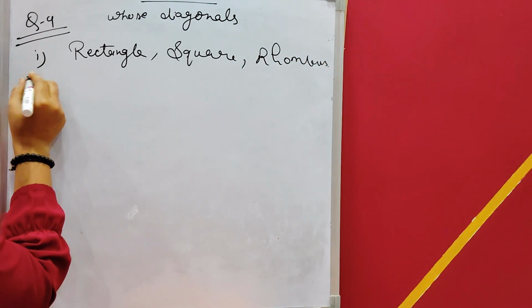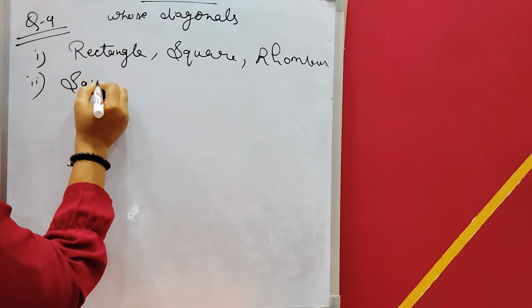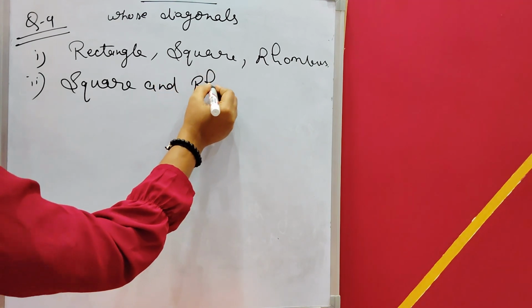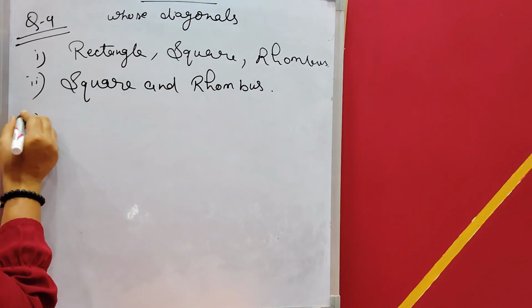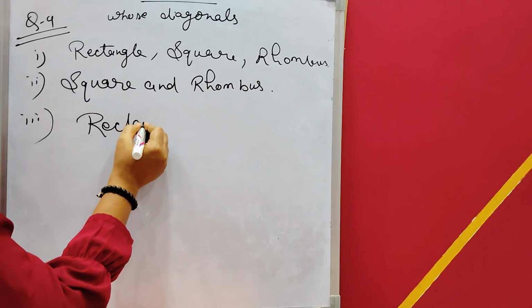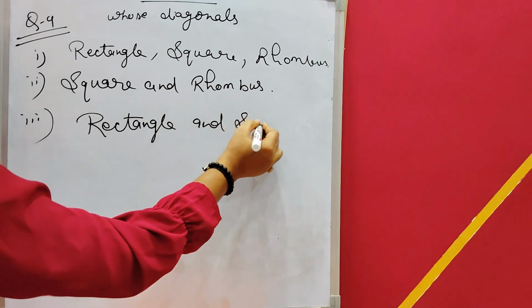Next it is saying are perpendicular bisectors of each other. That is a square and rhombus only. Next it is saying are equal. Diagonals are equal. That is a rectangle and square.